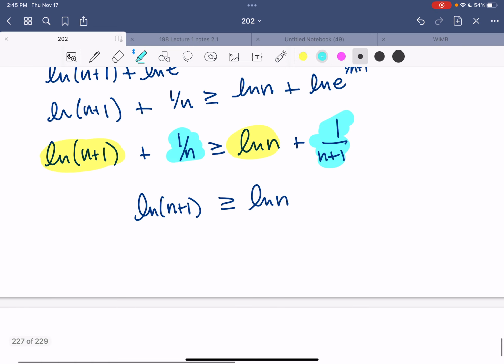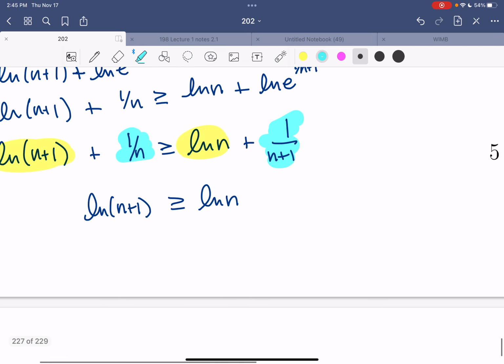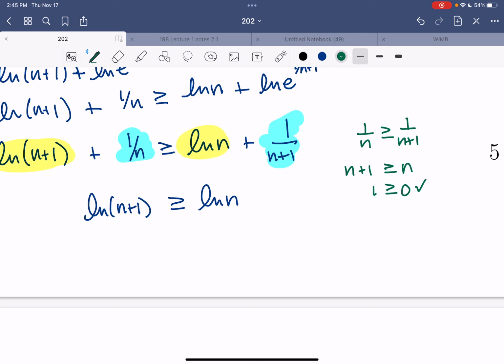And then if we take a look at this one, 1 over n we know is decreasing as well, right? We can show that 1 over n is greater than or equal to 1 over n plus 1. If you cross multiply, you have n plus 1 is greater than or equal to n. Subtract the n's and 1 is greater than 0. So that is true. So if you're adding something larger on the left to something that's already bigger, then that's going to be bigger than something smaller added to something smaller.